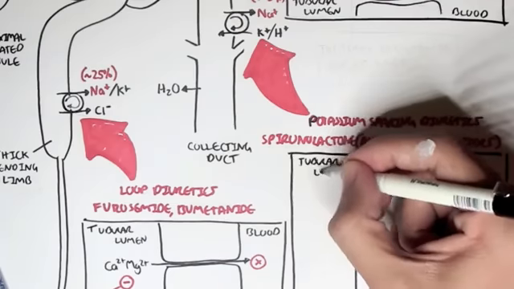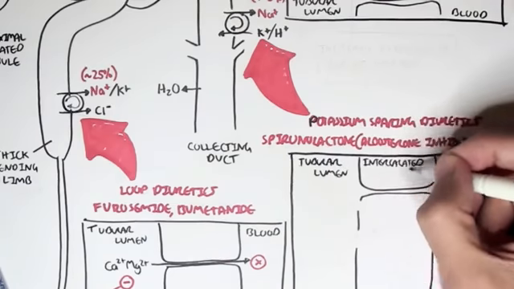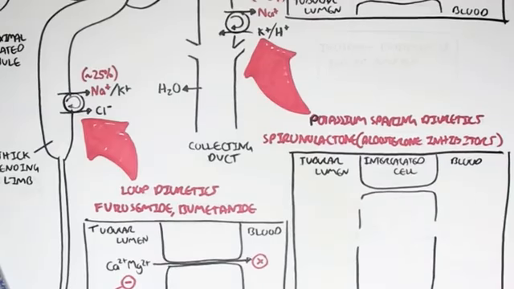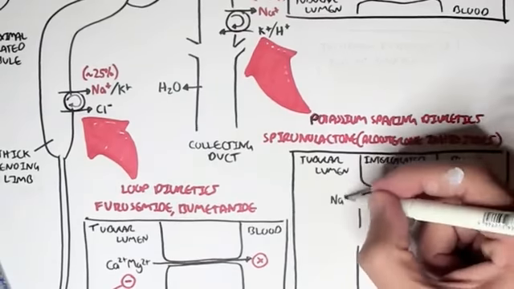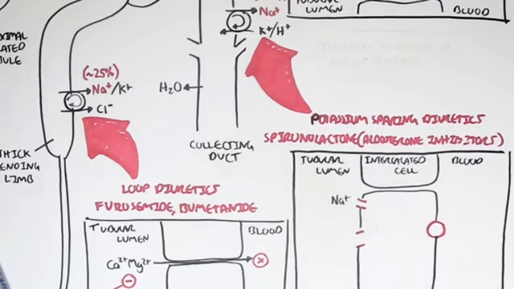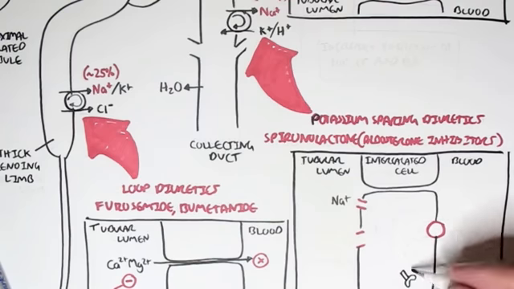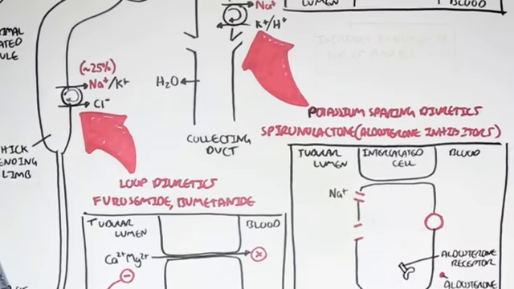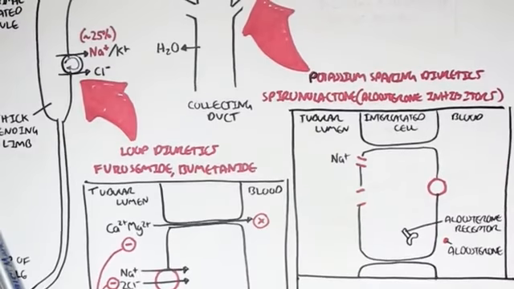Normally, again, here we have the tubular lumen, intercalated cells, and the blood. Within the blood, we have the hormone aldosterone, which is secreted by the cortex of the adrenal glands. Within the intercalated cells, we have the aldosterone receptor. Aldosterone is a steroid, so it will bind to the receptor inside the cell.